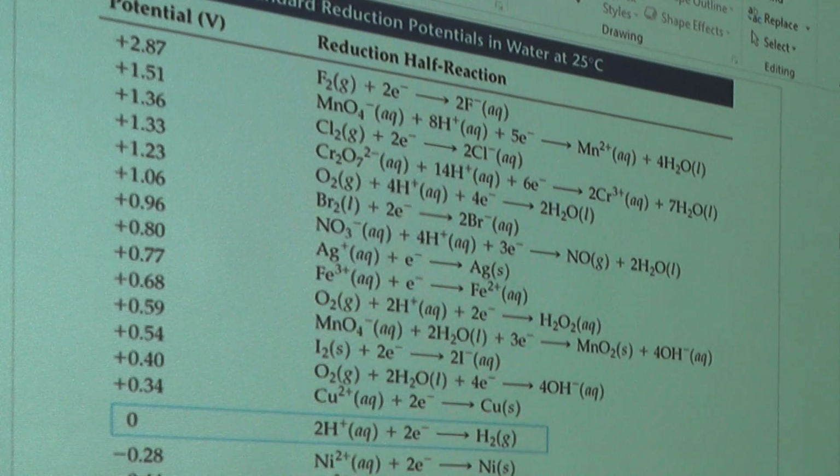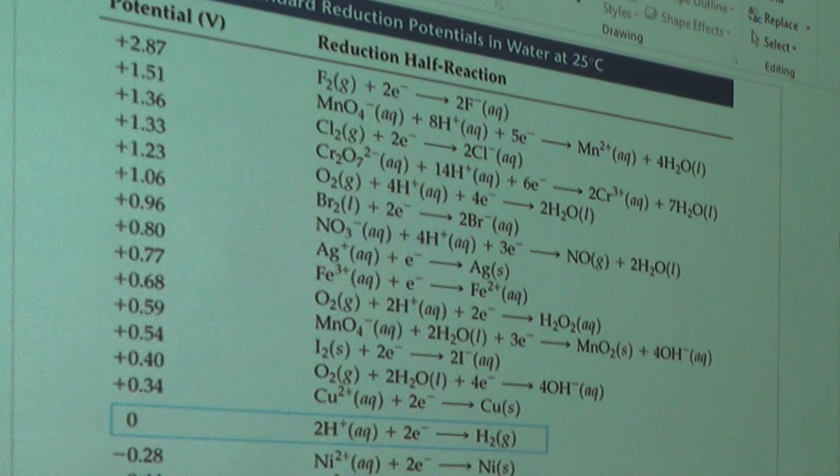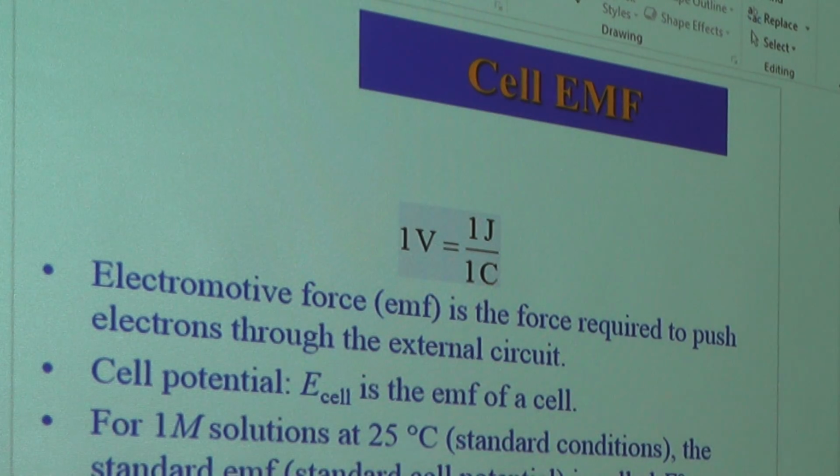Joules per, somebody say it. Coulombs. Okay, there it is: 1 volt is 1 joule per coulomb. Very good.